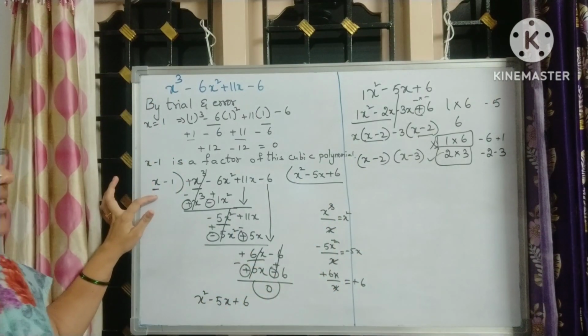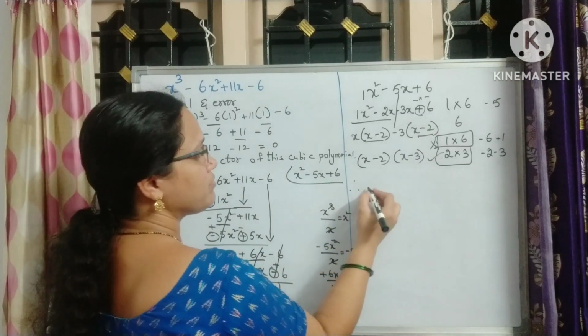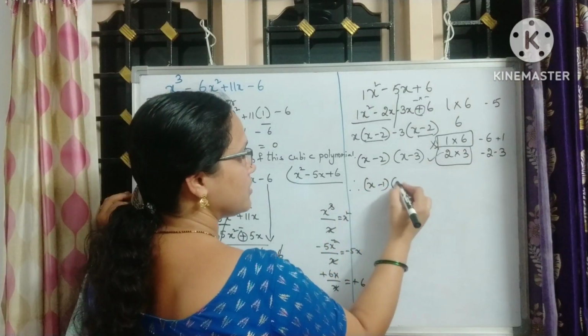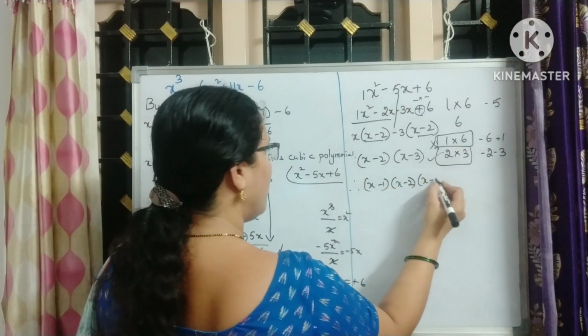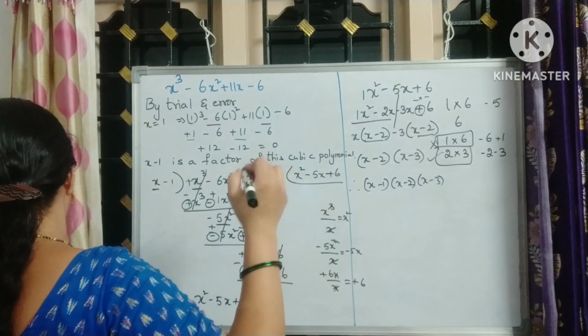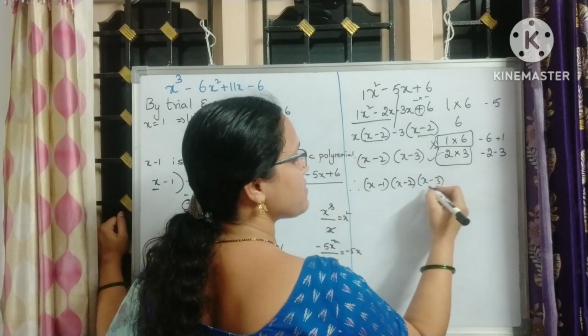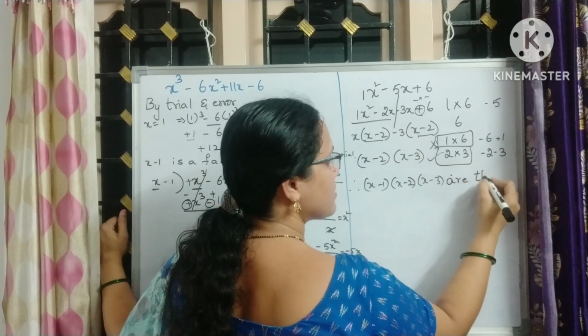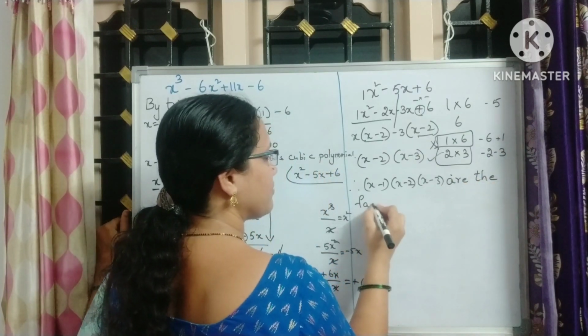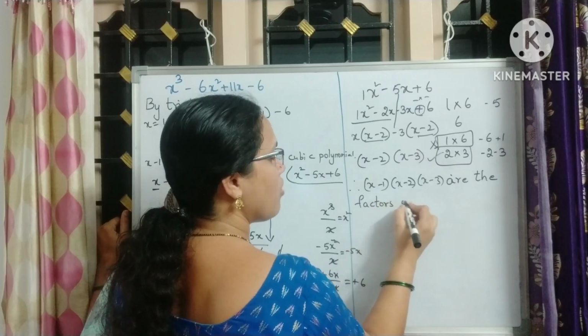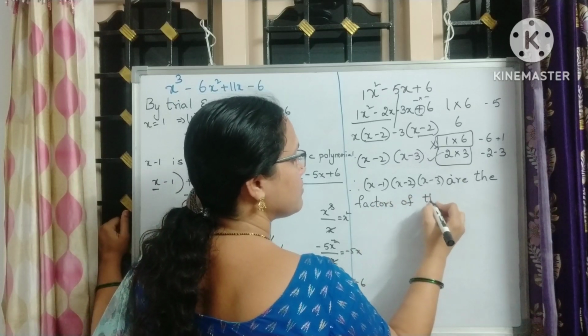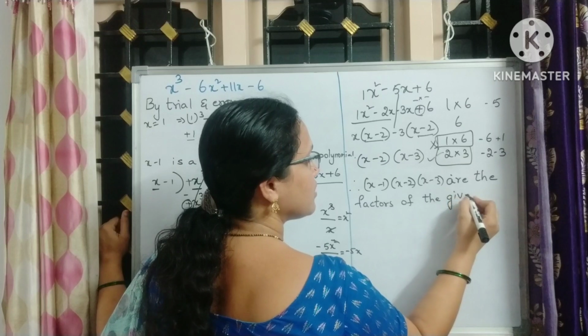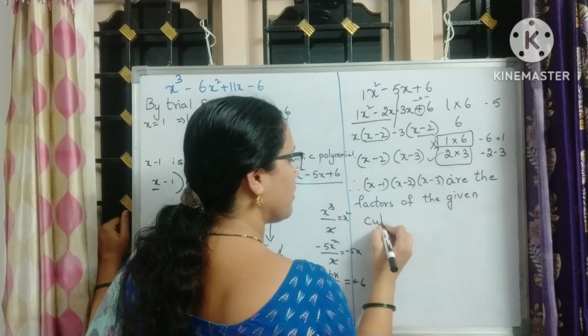So we got one factor here. Therefore x minus 1, x minus 2, x minus 3 are the factors of the given cubic polynomial.